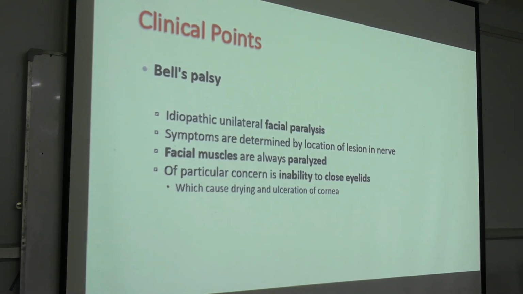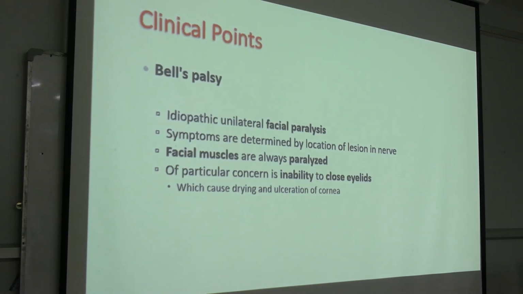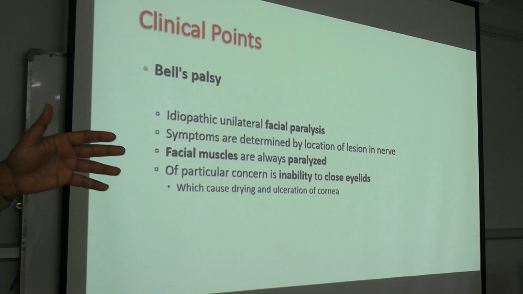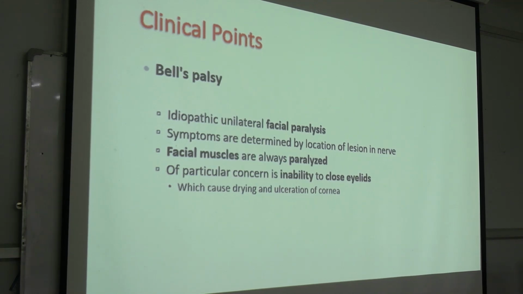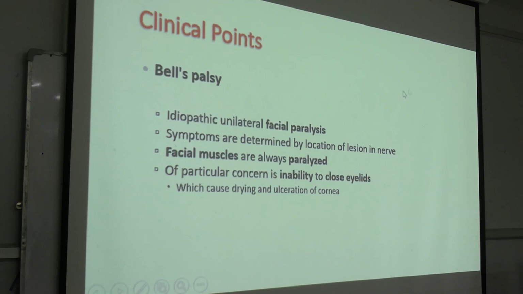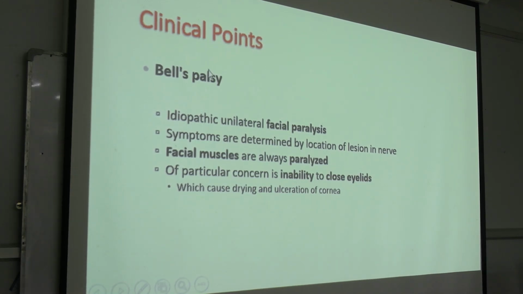Coming to the clinicals related to this nerve where it passes through. Now, the facial nerve, if it is cramped or compressed at any point as it courses through the stylomastoid foramen and gets into this gland, then it creates a problem of the nerve, which we call palsy, where the nerve is not functioning properly.